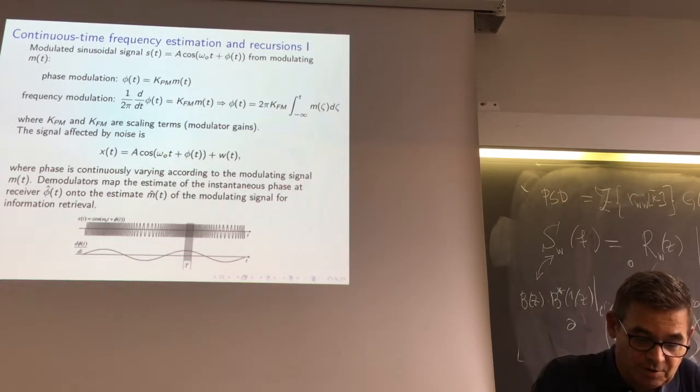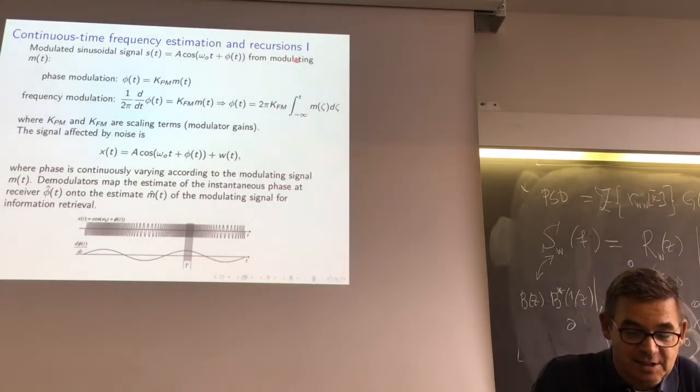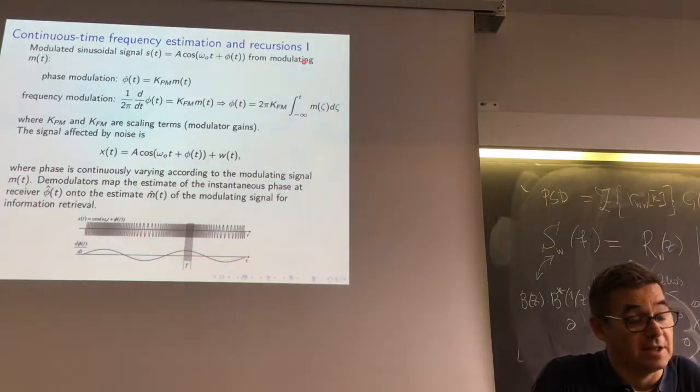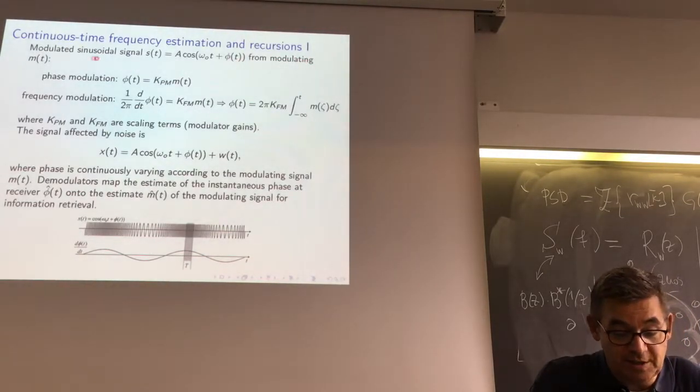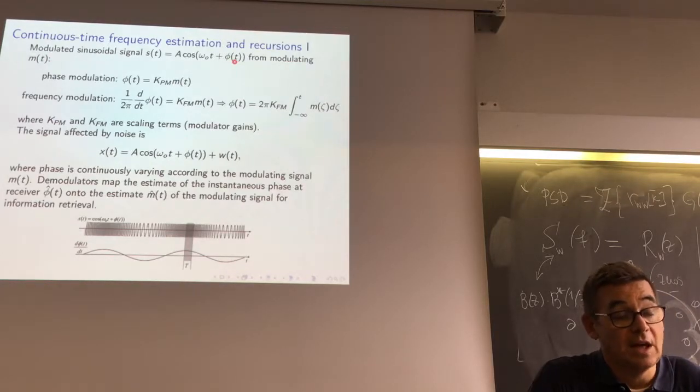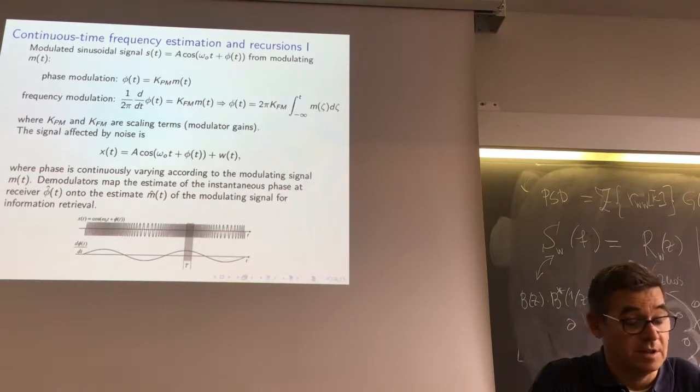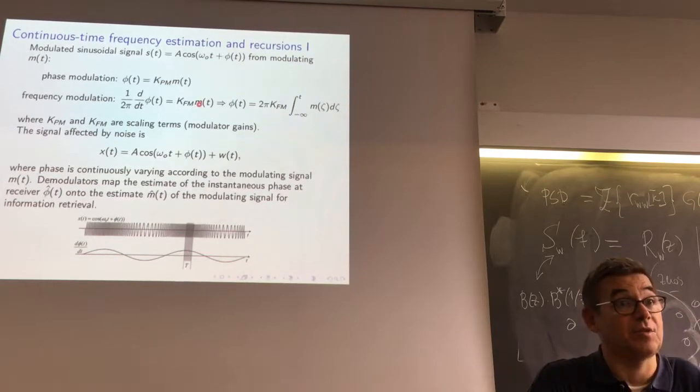So let's go forward on that. That means that I have another signal, called the modulating signal m(t), which is in some way manipulating the phase. Now, we have 2 different ways of manipulating the phase. We can manipulate the phase directly, which means that this m(t) goes to manipulate the phase, or we can manipulate the derivative of the phase.